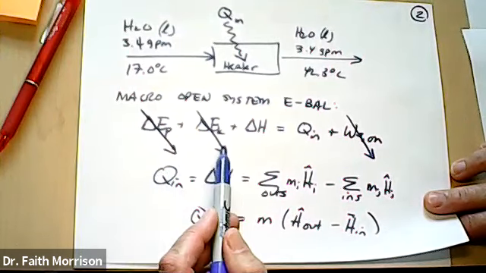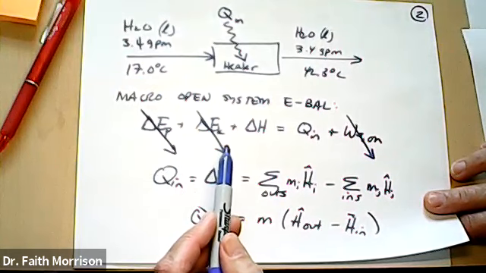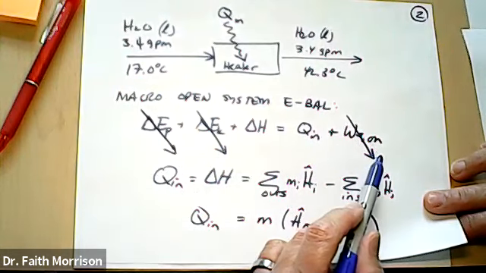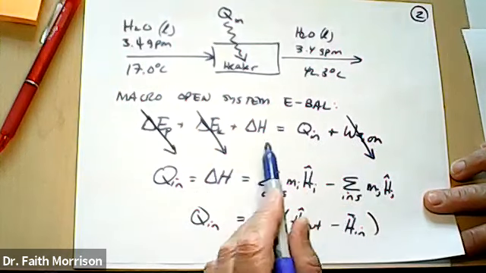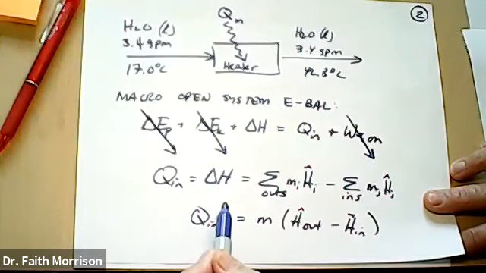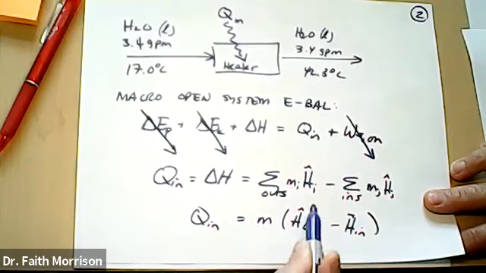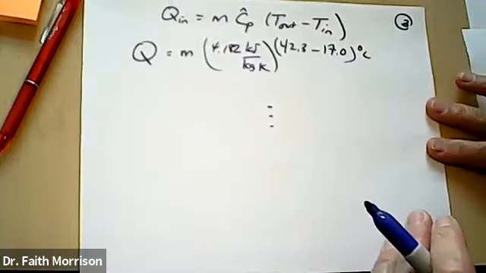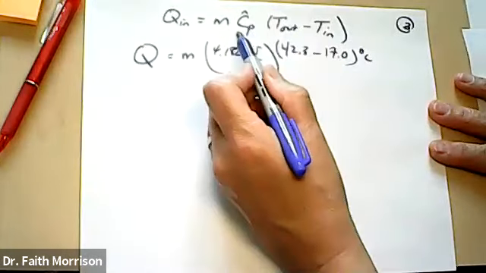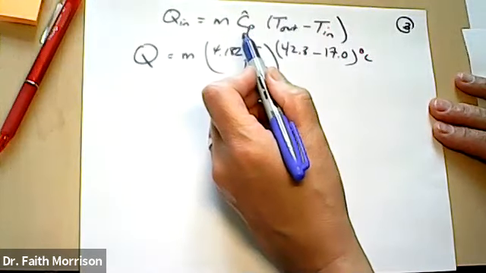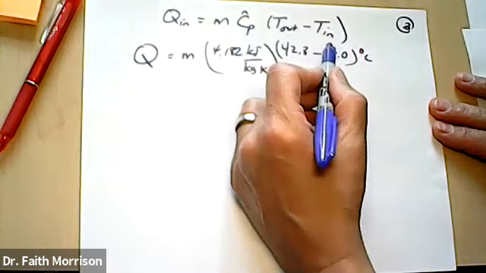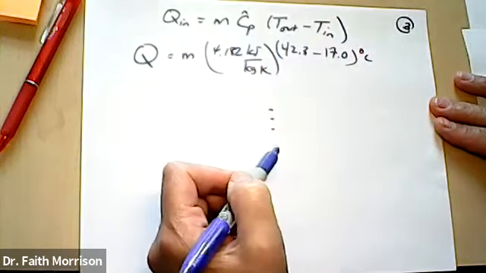No potential, no kinetic energy changes. That will be the case when we have simple heaters. No shafts, no shaft work. Understanding what the delta means, and also how to calculate enthalpy changes for various situations. And so for a liquid, isobarically changing only temperature, it's Cp delta T, out minus in, and onward to get our final answer.